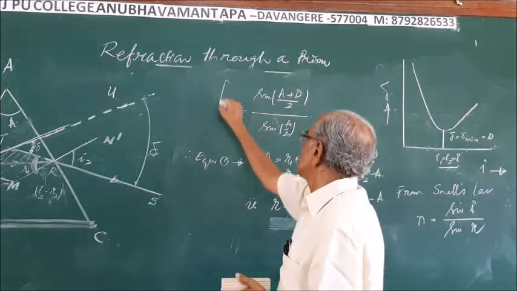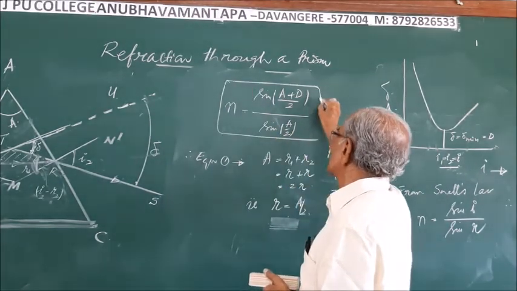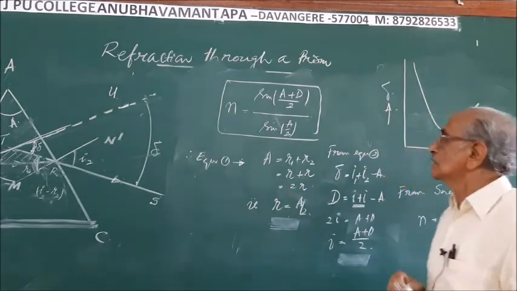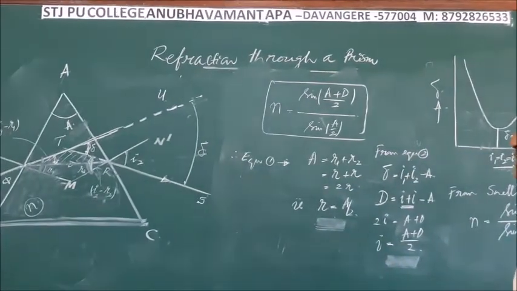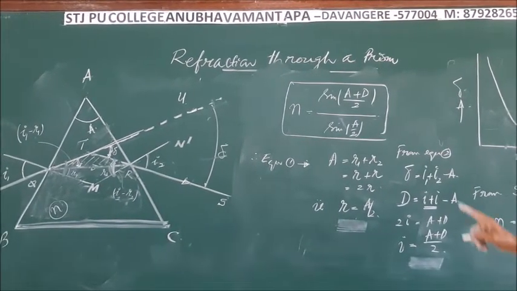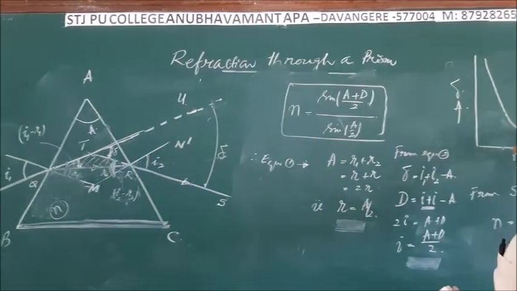So this is the expression for the refractive index of the material of a prism in terms of the angle of the prism, which is a constant, and the angle of minimum deviation, which is also a constant.